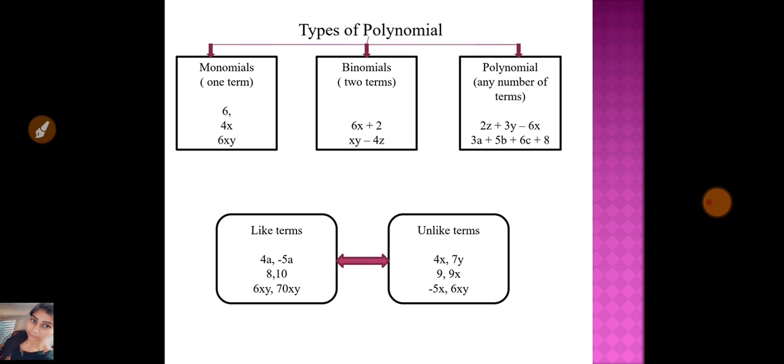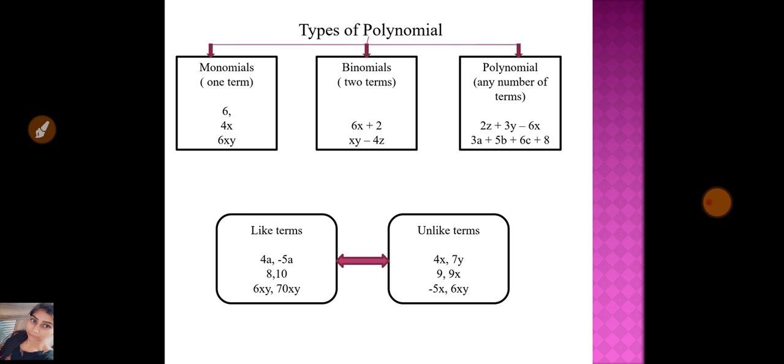There are types of polynomials: monomial, binomial, polynomial. Monomial means you're talking about a single term only, one term. When you're talking about binomial, you're talking about two terms. When you're talking about polynomial, you can have any number of terms. That means more than two, all of them will come under polynomial only.